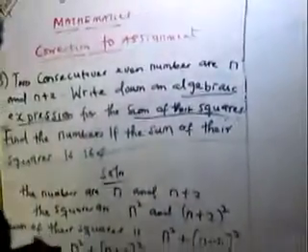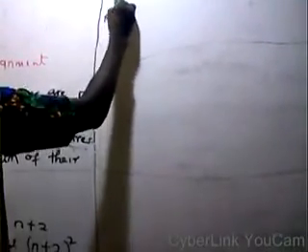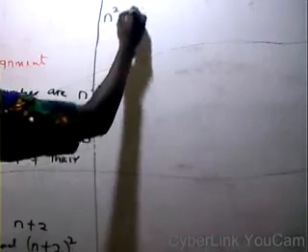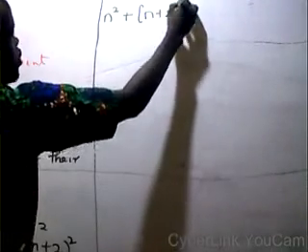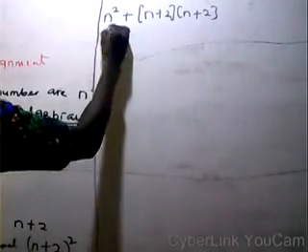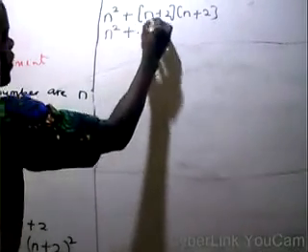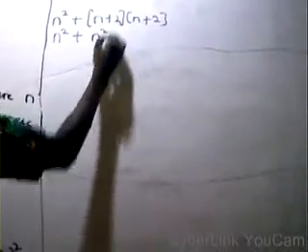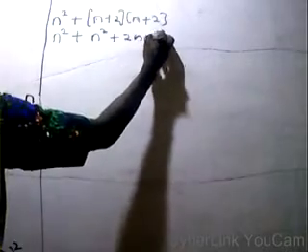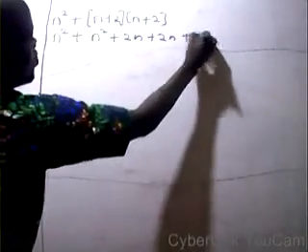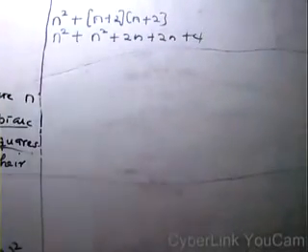So from there, we have n squared plus, let me write it, n plus 2 into bracket n plus 2. So it will now give us n squared plus n squared also, then plus 2n, then plus 4.